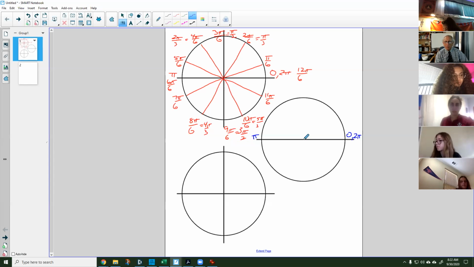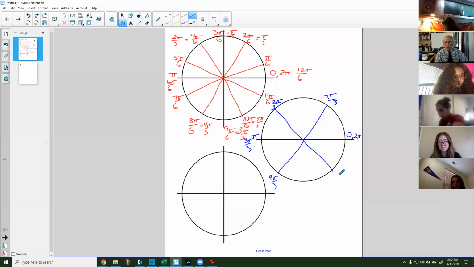And I can divide this up into thirds. So each of these is a pi over 3. So I have 1 pi over 3, 2 pi over 3, 3 pi over 3, 4 pi over 3, and 5 pi over 3.